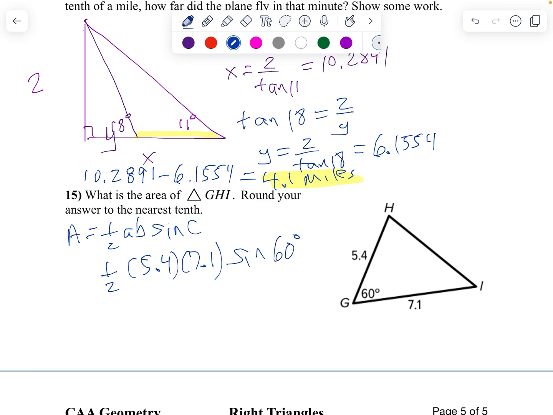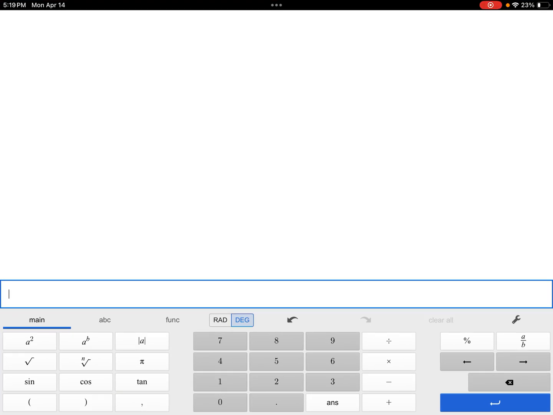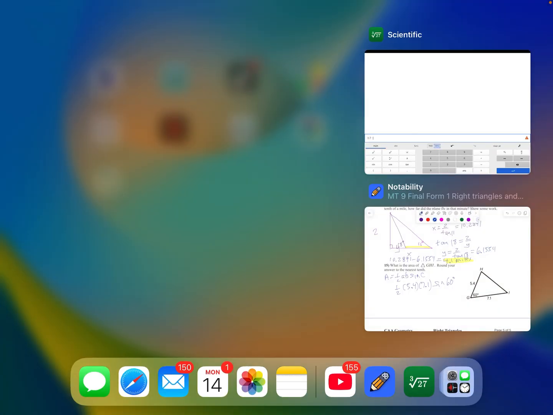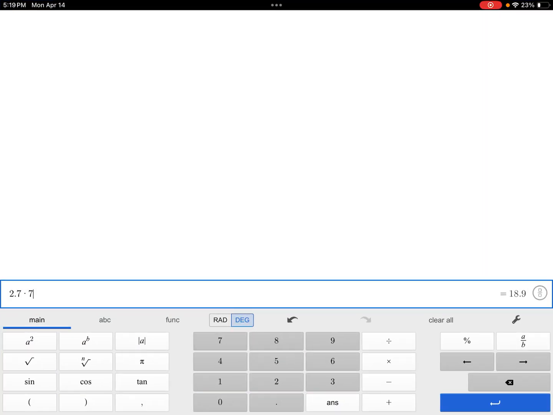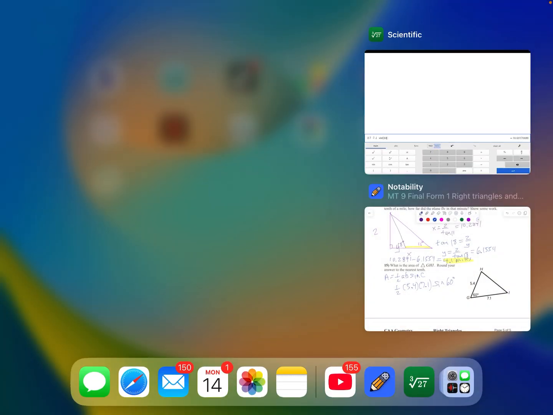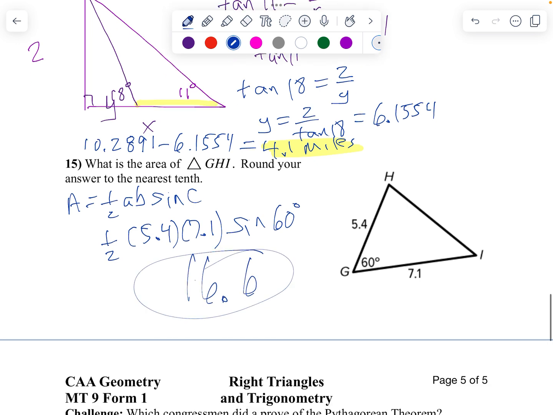So 1/2 of 5.4 is 2.7. So if I take 2.7 times, what was it, 7.1, times the sine of 60 degrees, we get about 16.6, don't we? I didn't give you any units on this one. It would be square units.